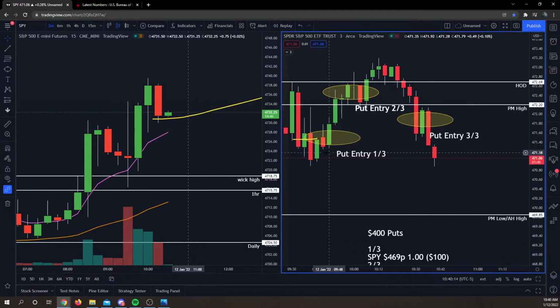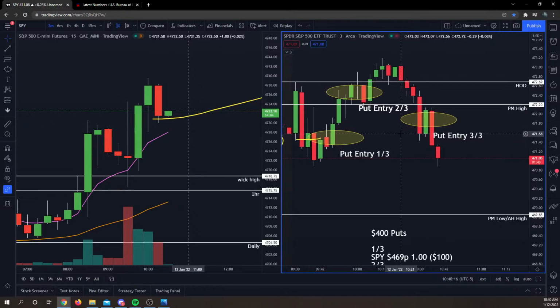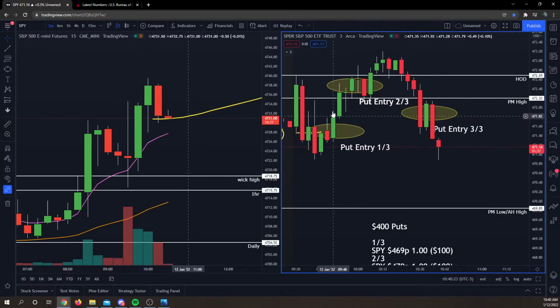Now at this point you could have actually already exited your entire put trade for profit if you were thinking, I don't know if we're going to make a new session low, I don't know if we're going to push to pre-market low. Because we had our put entry 2 out of 3 up here, we had the option to take profit on this double bottom, at our session low once we hit it again.